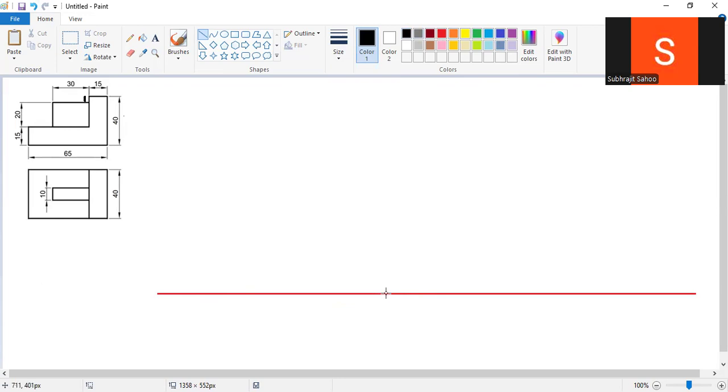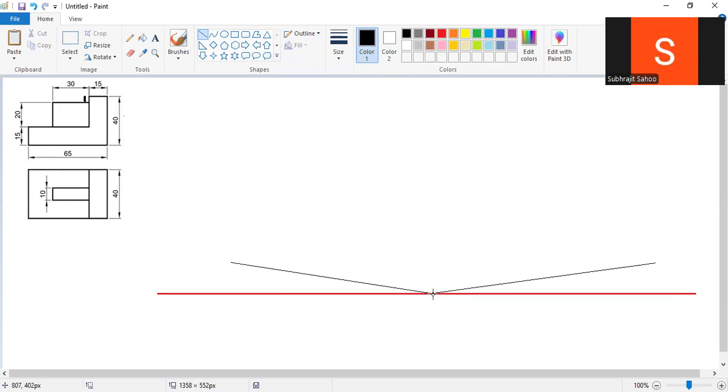Take any point here, take a 30-degree protractor, keep it at this point, and extend a 30-degree line. In the same way, from this side also extend a 30-degree line.